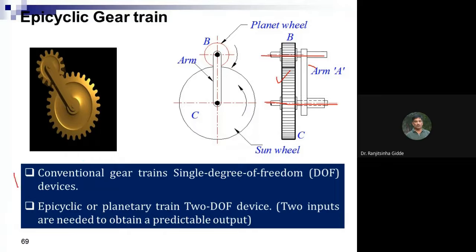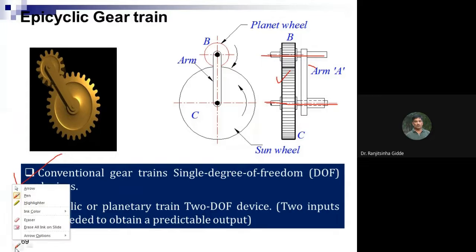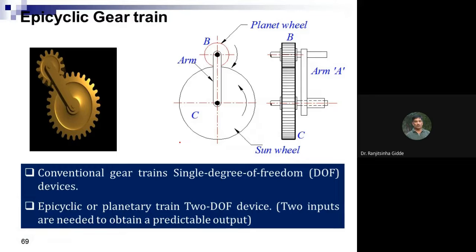So what are the features with respect to simple gear train? Conventional gear trains, that is simple gear train, compound gear train and reverted gear train, have a single degree of freedom system. Whereas this epicyclic or planetary gear train has 2 degrees of freedom.